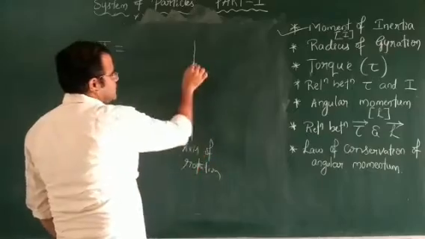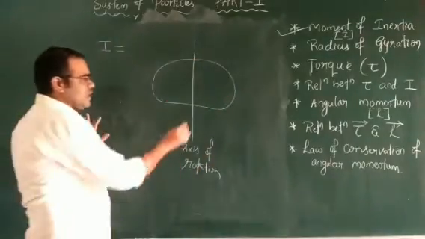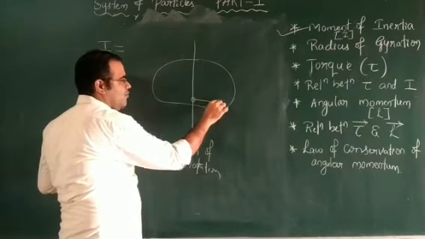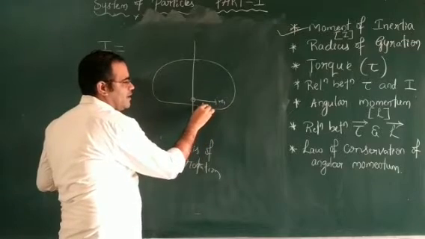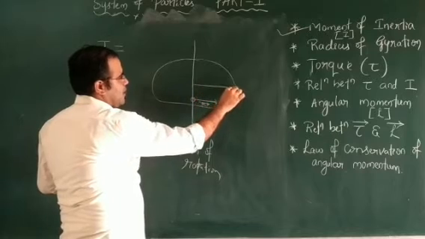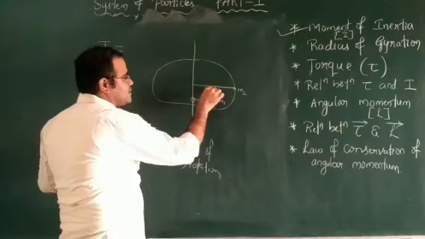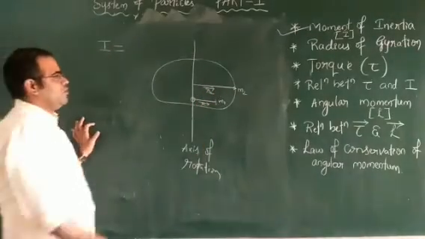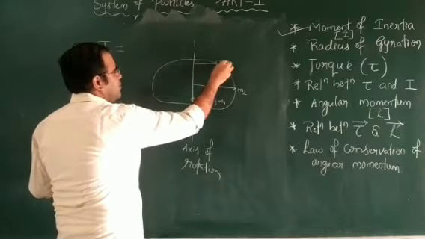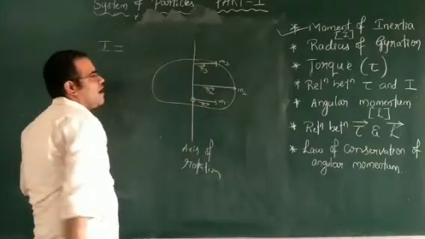Now we will consider a rigid body like this, and in that, we observe the first particle having a mass m1 and a radius vector r1. Similarly, the second particle has a mass m2 and a radius vector r2, and a third particle has a mass m3 and a radius vector r3.